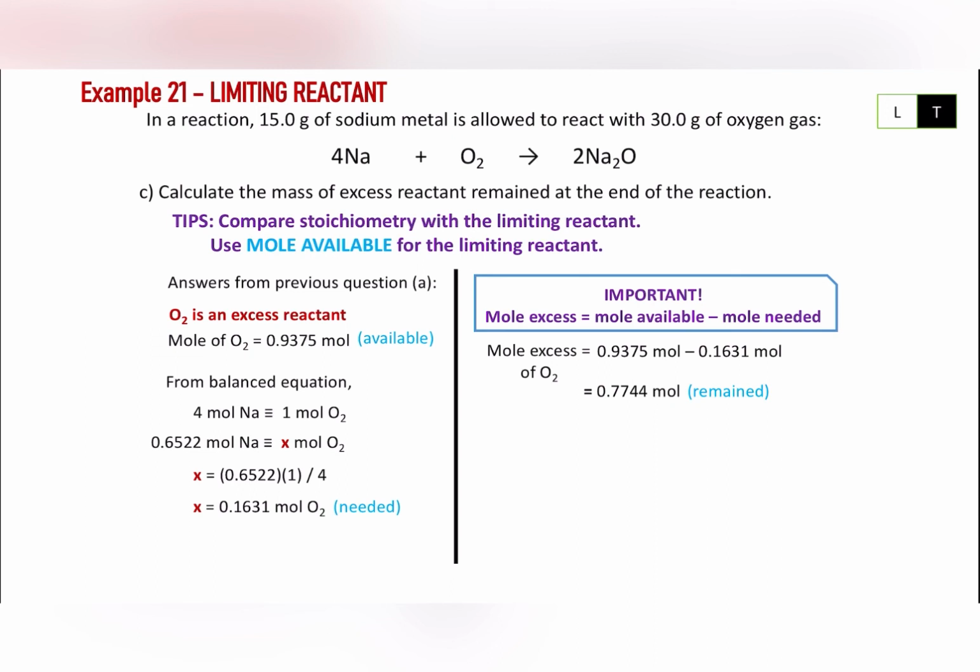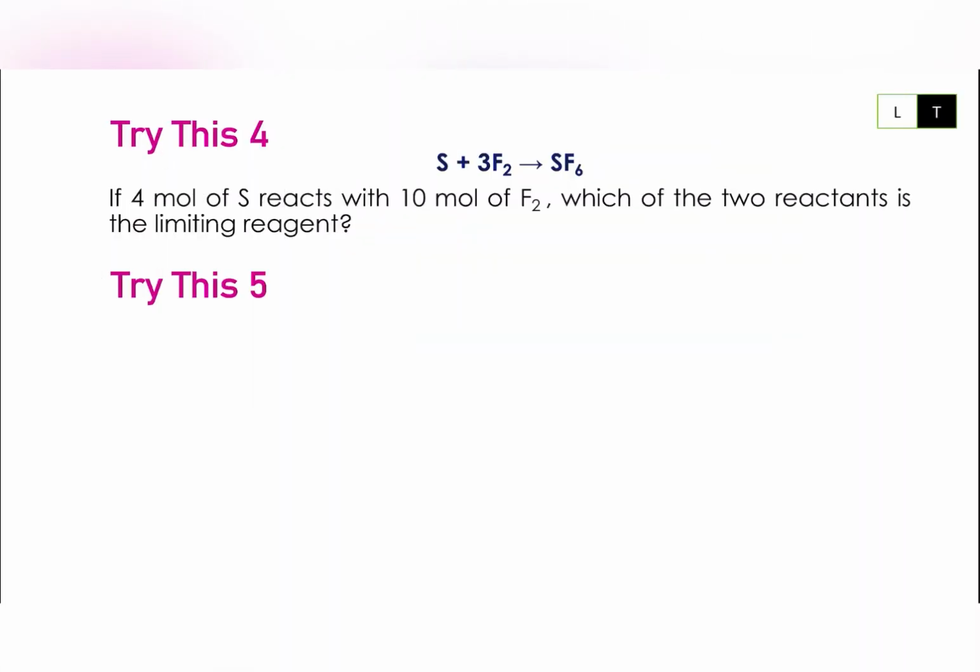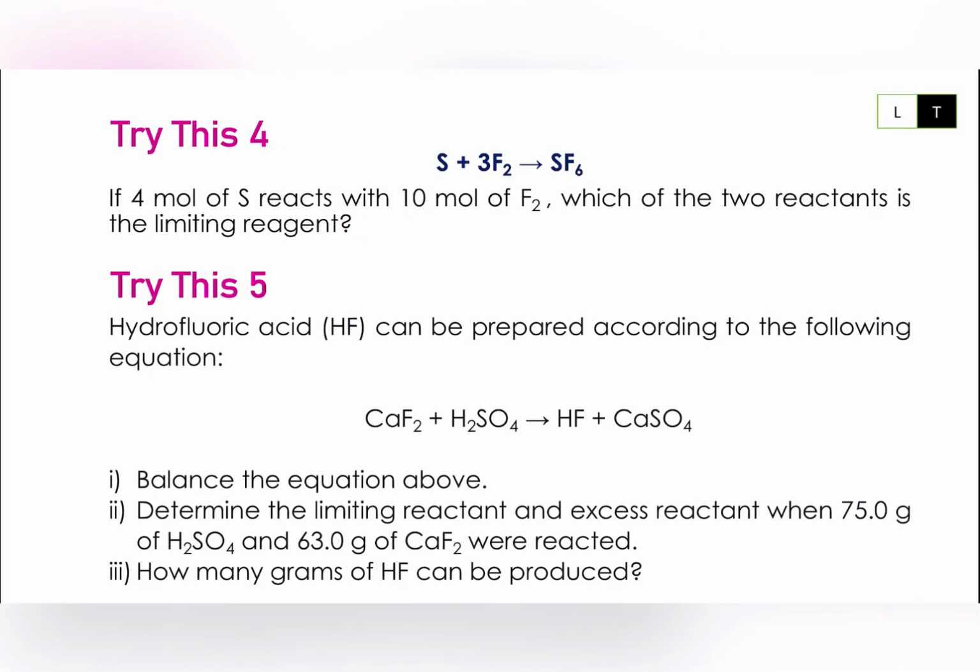So from here, I'm going to continue with the mass of O2 remain, where you have your number of mole times with molar mass of O2. The final value will be 24.7808 gram. I leave it, try this 4 and try this 5 so that you can enhance your understanding based on this video.